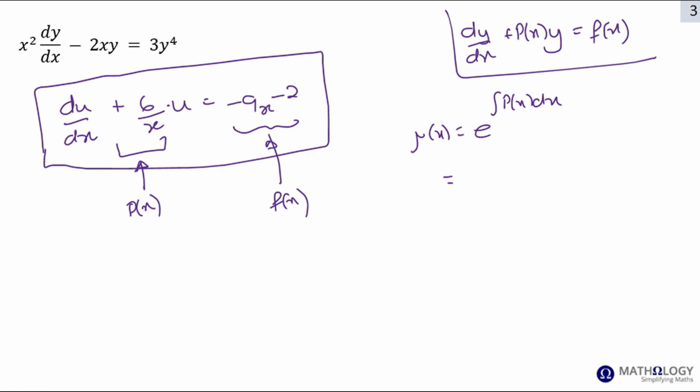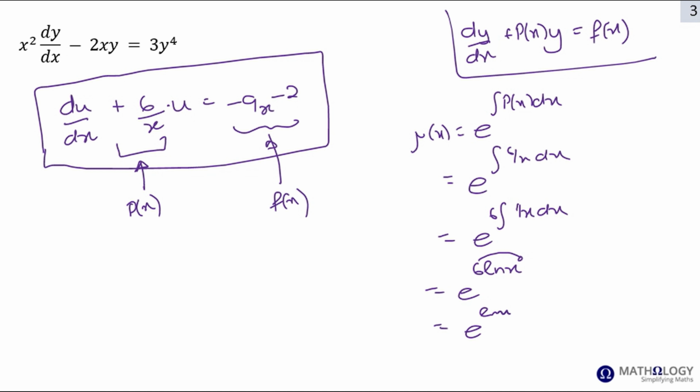P of x is 6 over x, so the integrating factor equals e to the integral of 6 over x dx, which is e to the 6 times the integral of 1 over x dx, e to the 6 ln x. We're going to bring the 6 up here to the exponent position, so that equals e to the ln x to the 6. So the integrating factor mu of x equals x to the 6.